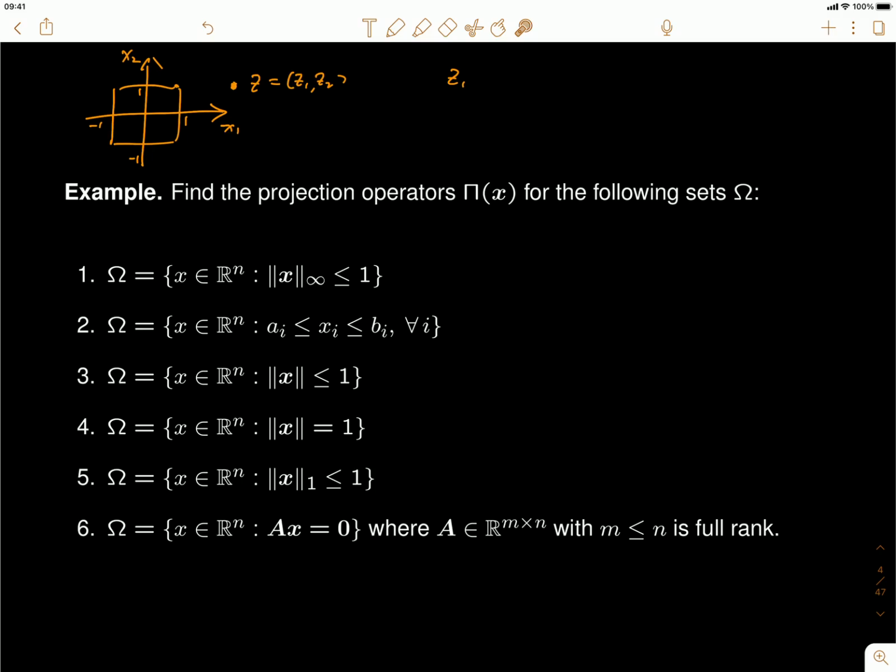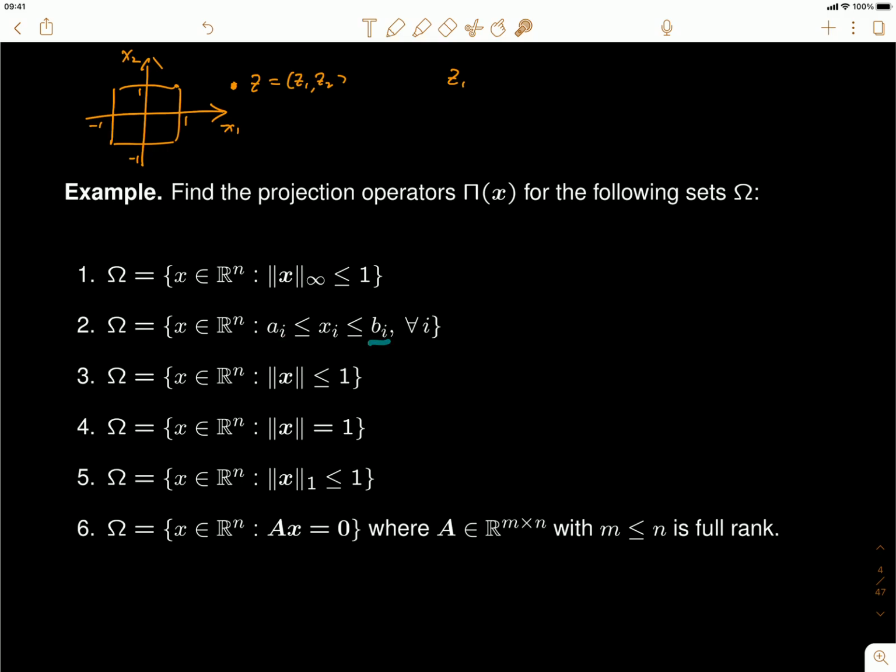This is called clipping, and it's pretty easy to do, as you can see. In general, if we have a rectangle or box like that, where the ith component is between ai and bi, then if it's outside of this range, we just project it back. For example, if xi is less than ai, we set xi to ai.